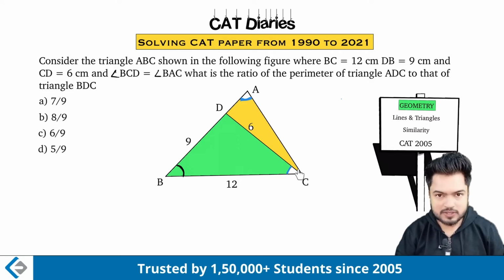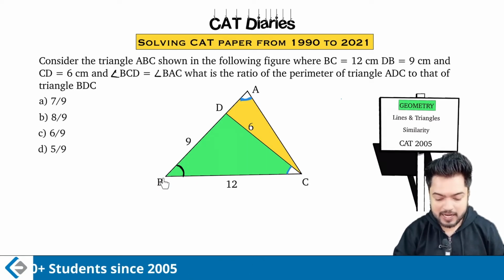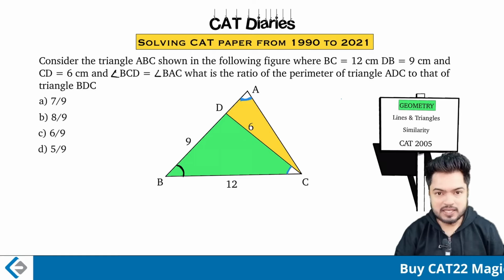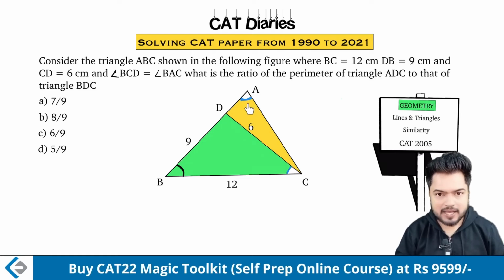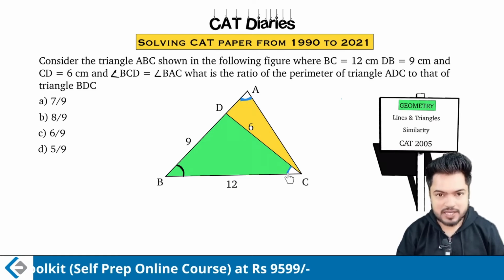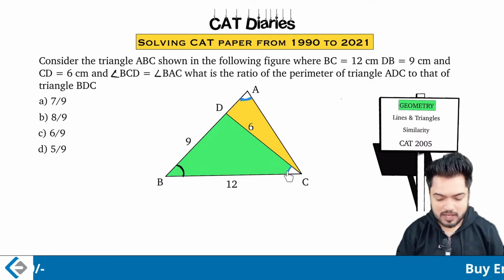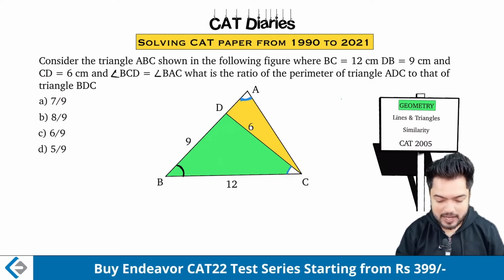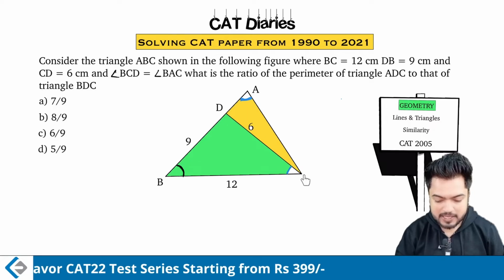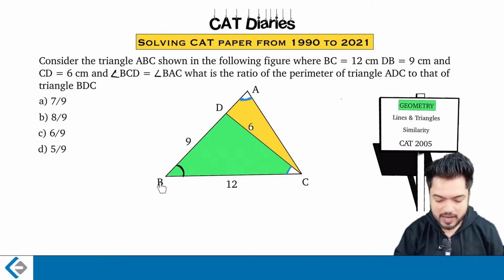DBC is one triangle, and the entire triangle ABC, they will be similar. Why? Because angle A is equal to angle C, one of the angles is equal, and at the same time B is a common angle. So I prove that triangle BDC is similar to ABC.